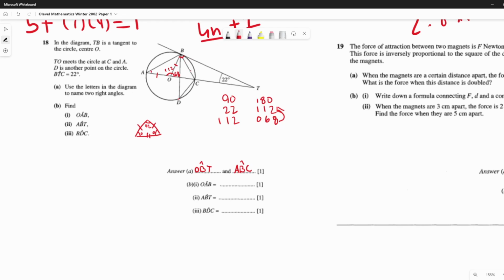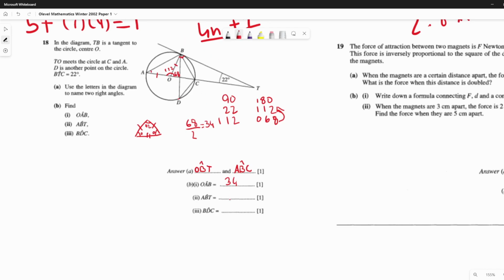And we know that all the internal angles of a triangle make 180, so we just subtract 112 from 180 again, we get 68, and then we just divide 68 by 2 to get 34, and that is our answer, 34.